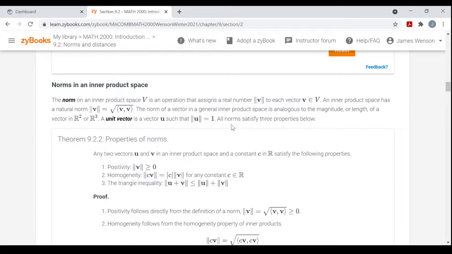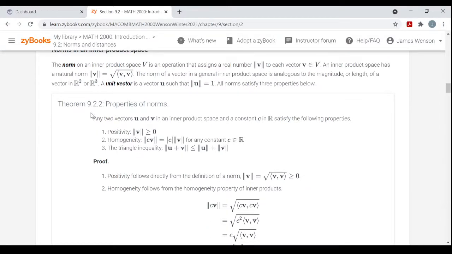But any norm that you set up for vectors in a vector space has to satisfy the following 3 properties. Okay, so properties of norms. Any 2 vectors u and v in an inner product space and a scalar or constant c, or a real number, satisfy the following properties.